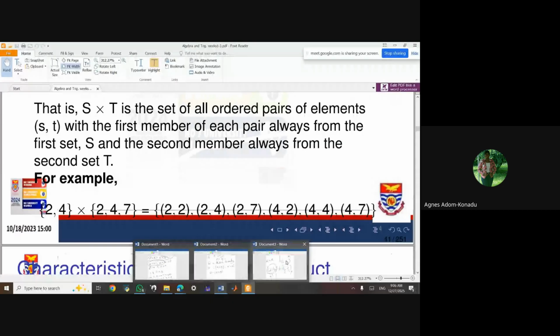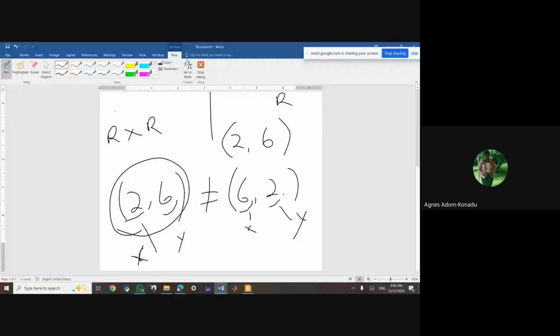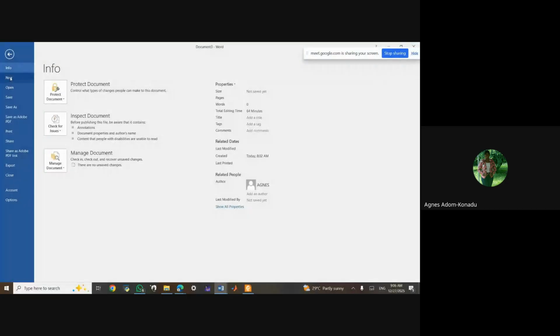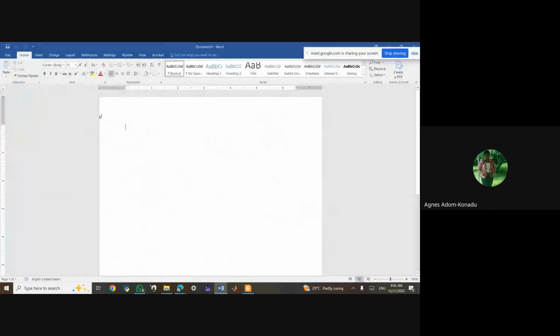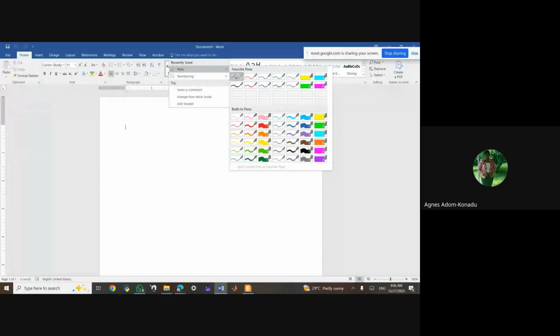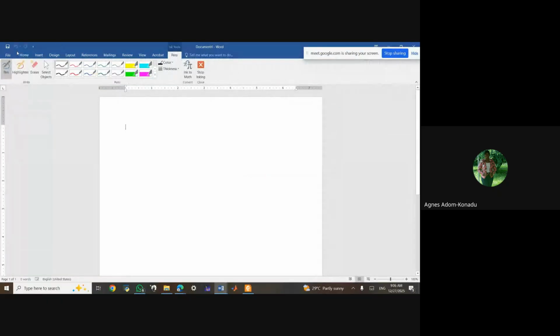So if I have the set 2, 4, and then I'm crossing another set 2, 4, 7, I want to find the cross product.